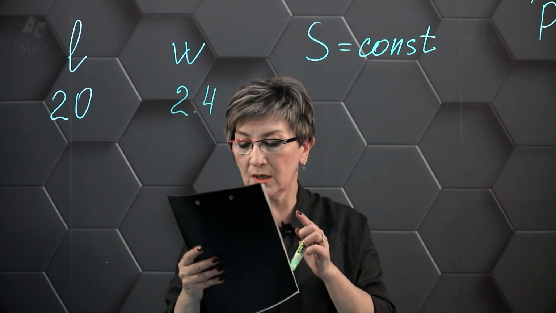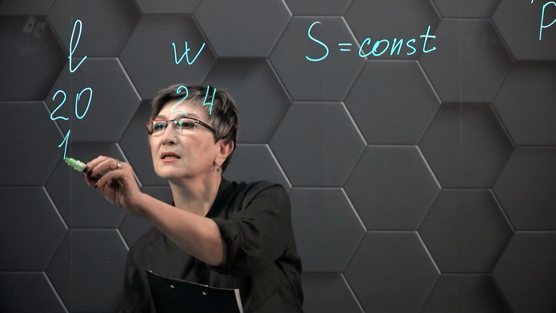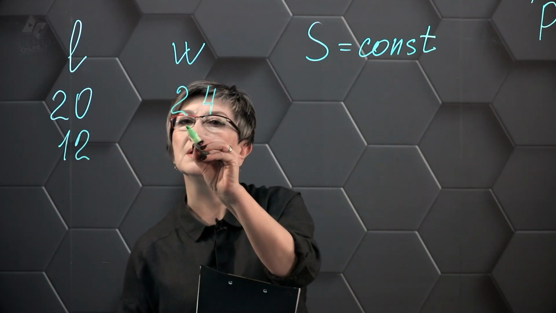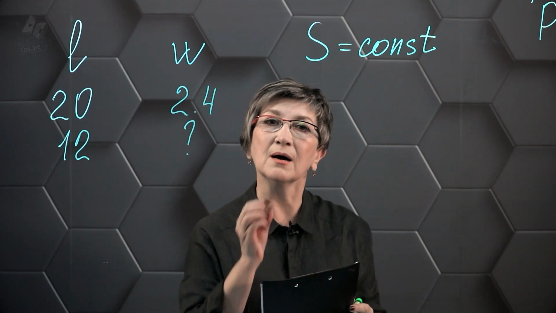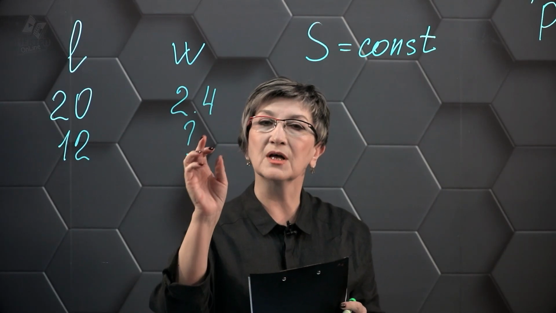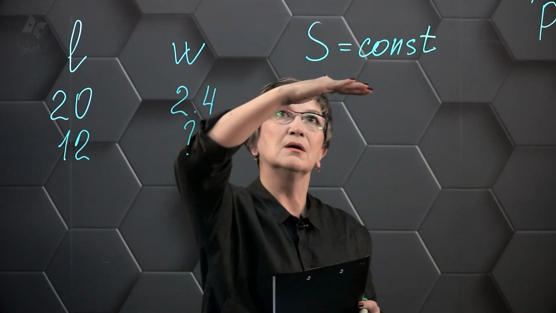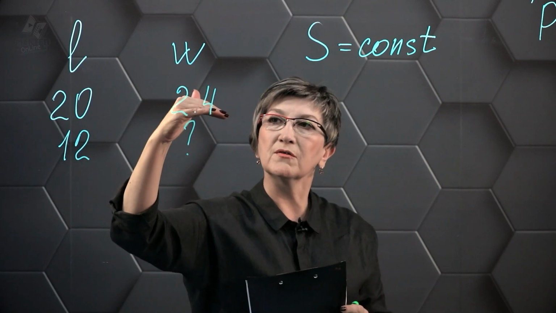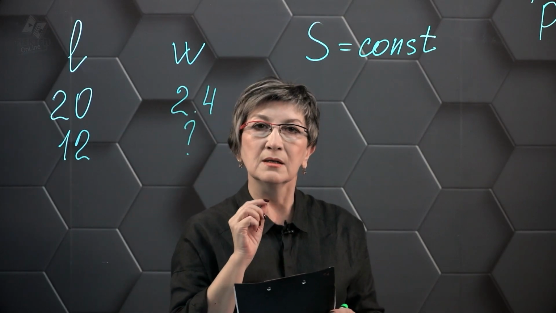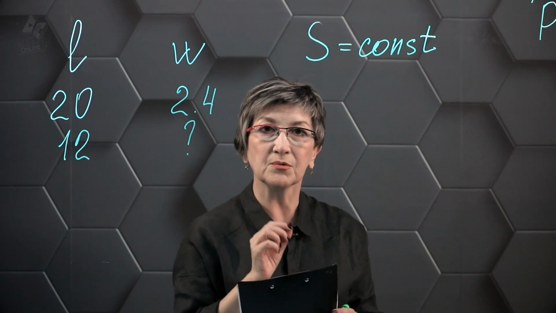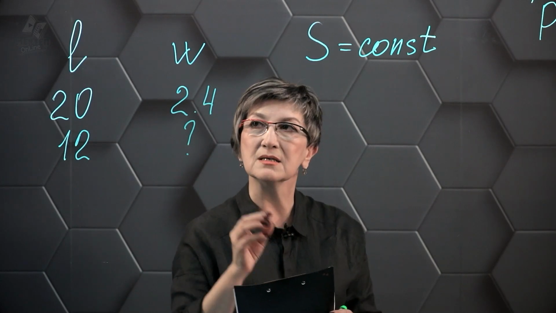In the other rectangle, the length is 12 centimeters, and we need to determine the width of the second rectangle. The area in the first rectangle and the area in the second rectangle are equal. In order to make a correct proportion, we need to determine what these quantities are.